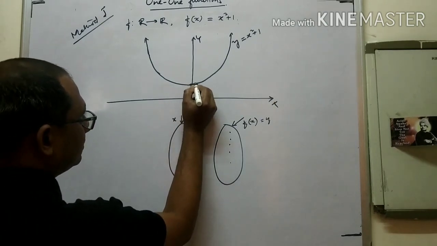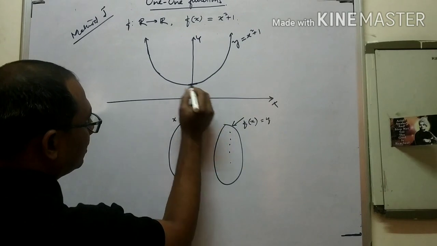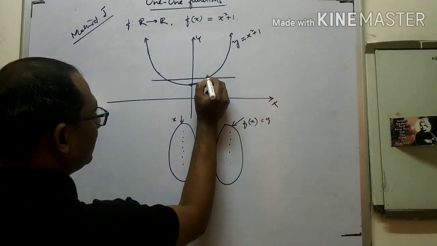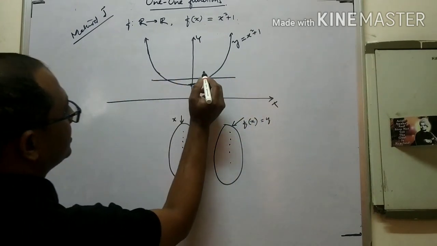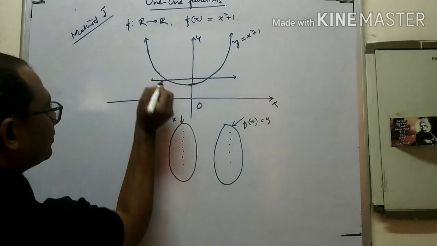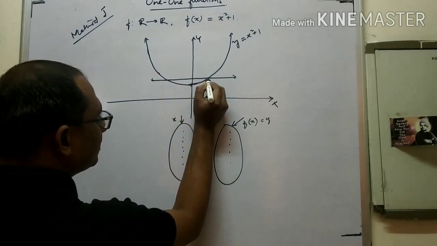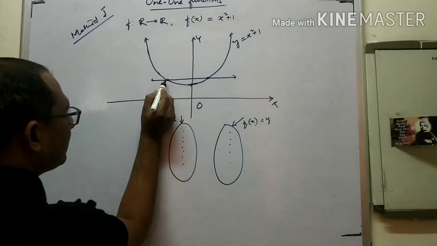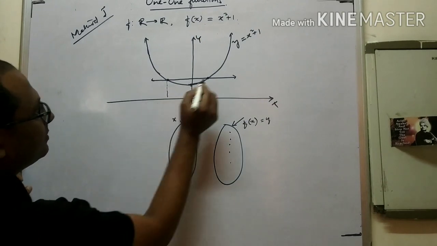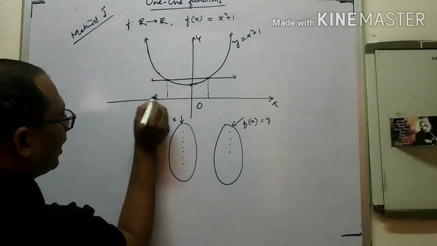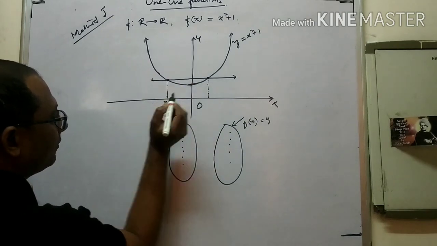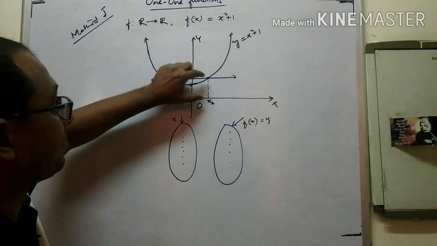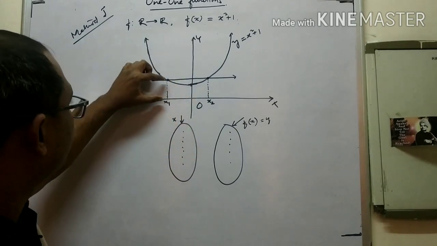Now here, if I consider any line parallel to x-axis, this is one of the lines, this line is intersecting the graph at just two different points, and if I draw two perpendiculars, I will get two values of x, say x1 and x2, of which the functional values f(x1) and f(x2) are same, because these ordinates are same, right?